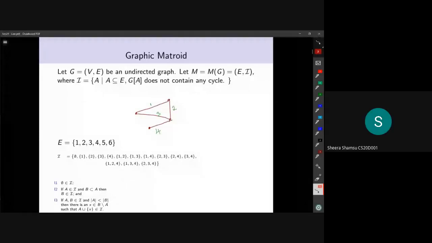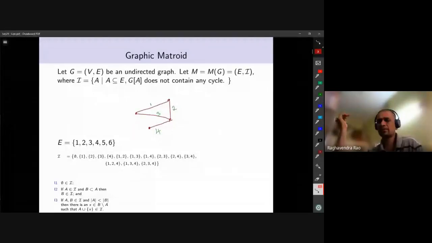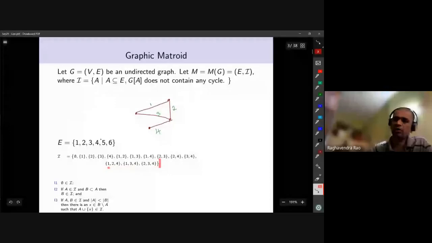Not necessarily connected. If the graph, to begin with, is connected, then what are the maximal independent sets? When I say maximal, that is, it should not be contained in any other independent set. Here, for example, these three are the maximal independent sets: 1, 2, 4; 1, 3, 4; 2, 3, 4. If the graph is connected, it has to be a tree, a spanning tree of the graph.